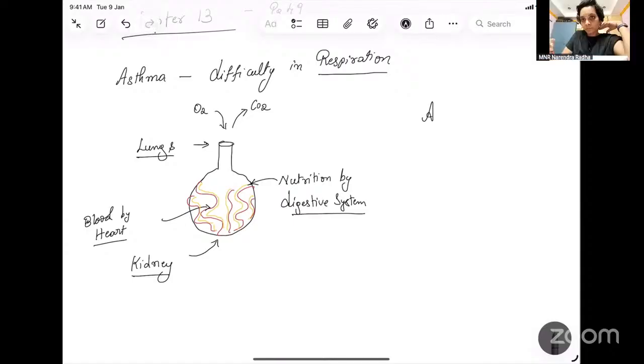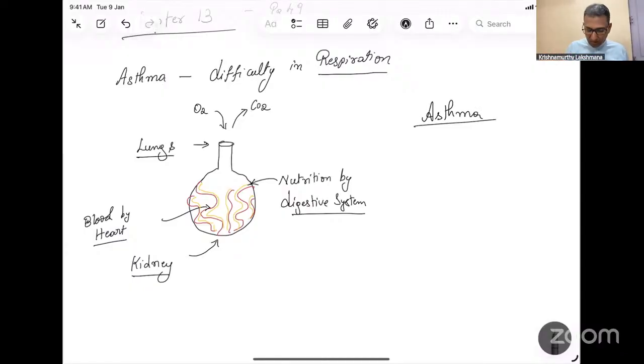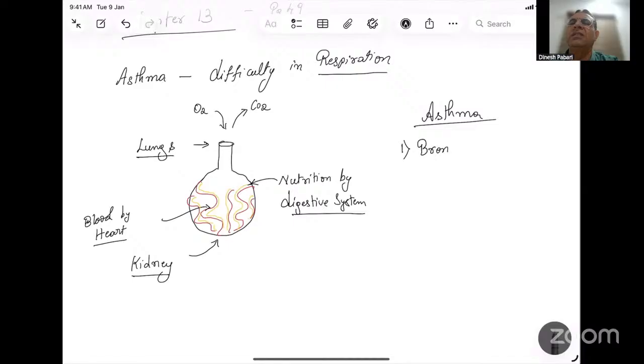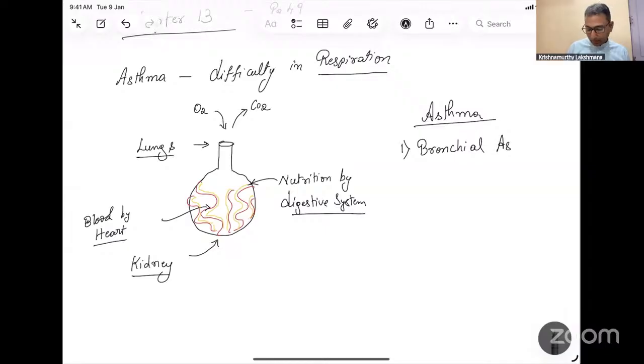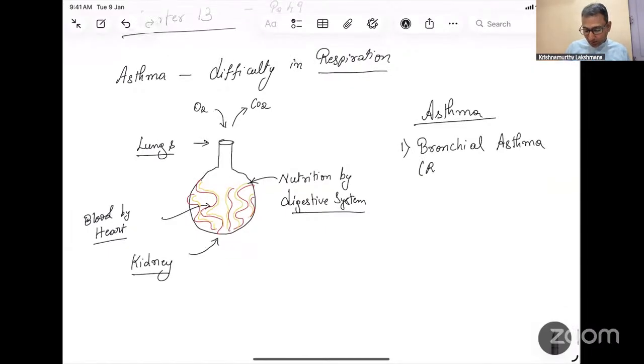There are different types. Problem of inhalation, exhalation. First one is bronchial asthma, related to lungs. If there is a problem in lungs, because of which there is a problem in respiration, it is called bronchial asthma, related to lungs imbalance.